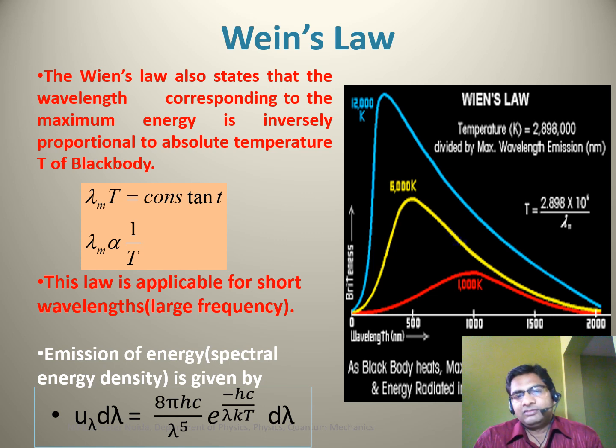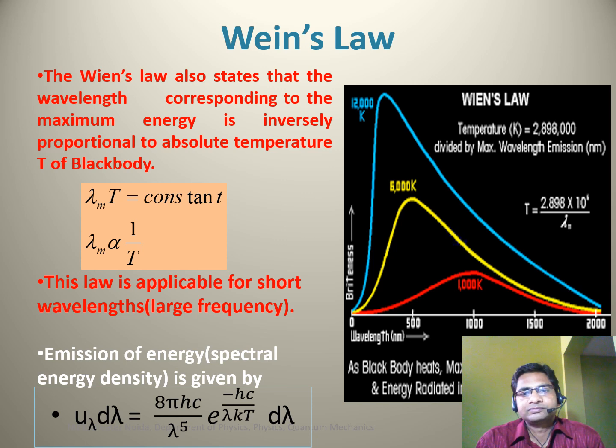So Wien could only explain that part of the blackbody radiation spectrum. Here we are saying that the spectral energy density is inversely proportional to the fifth power of the wavelength emitted from the blackbody radiation. So this is Wien's formula for the energy density of this part of the radiation.